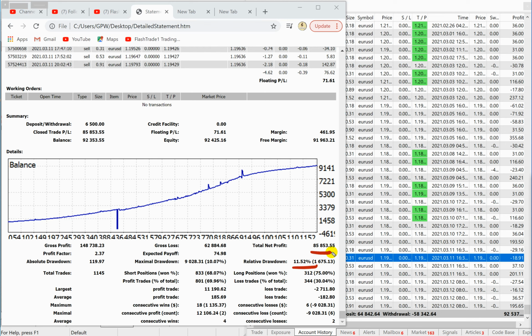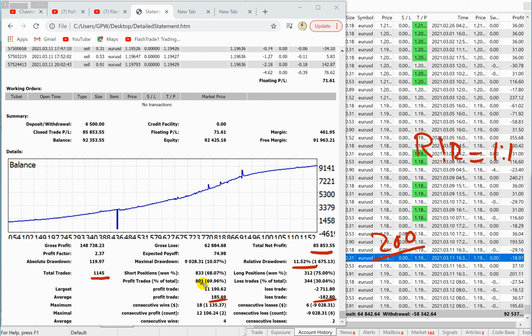Here the profit is $85,800, because after I downloaded this statement some profit was booked on the account, so the $200 difference comes from that. The total trades placed on the account is 1145 trades with an average profit of 185 and an average loss of 182, keeping the risk and reward of the account at 1:1.